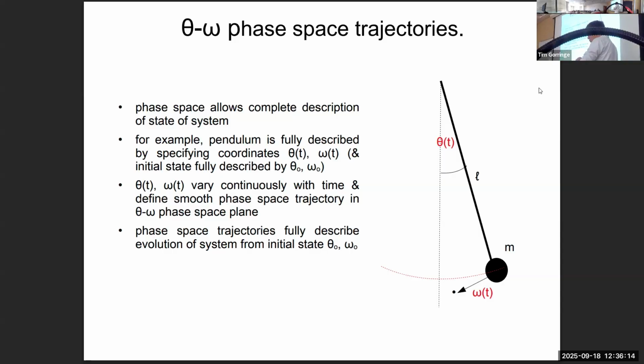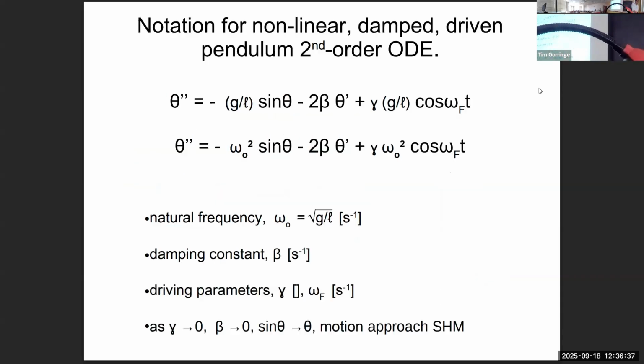The initial coordinates of the pendulum when you release it, theta naught and omega naught, are the complete description of the initial state of the pendulum, which allows you to project the future trajectory or path of the pendulum. So that's what we plan to do.